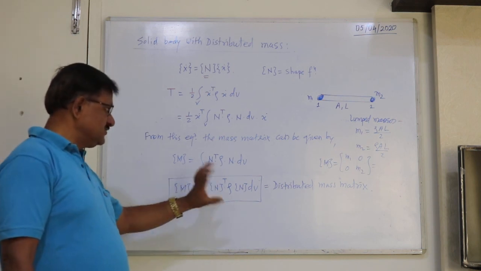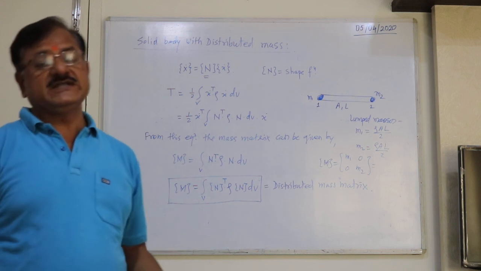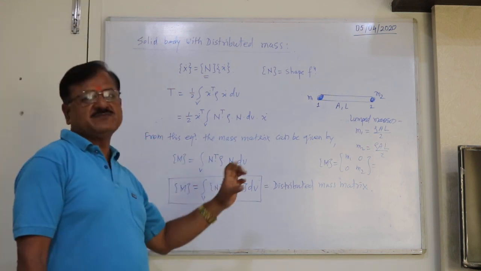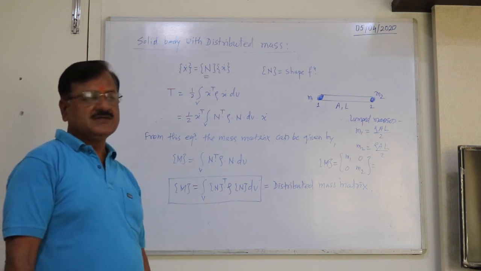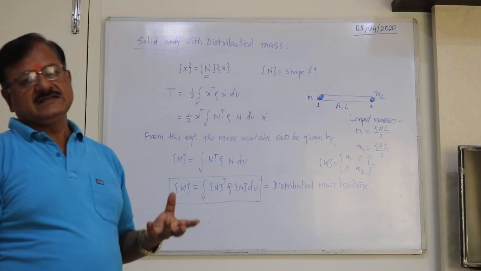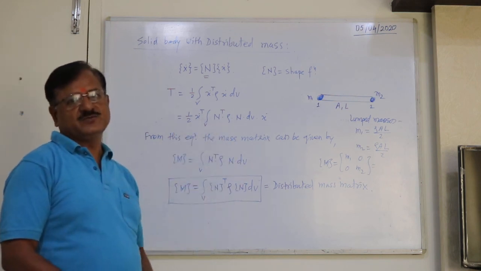So this gives us the distributed mass matrix, and the distributed mass matrix gives us accurate results. So as far as possible, the distributed mass matrix is to be used. But for simplicity, sometimes the lumped mass matrices can also be used.